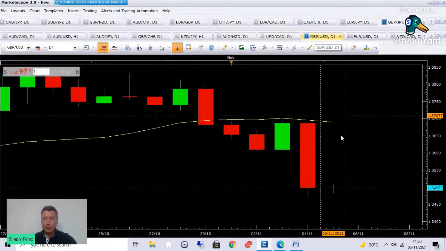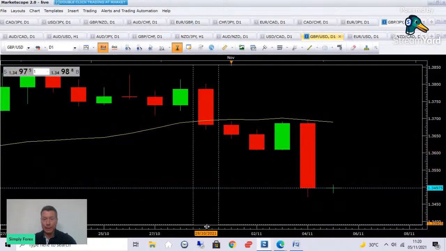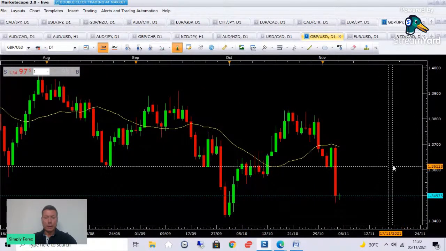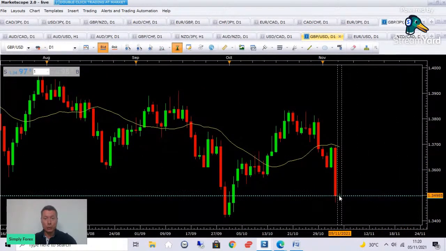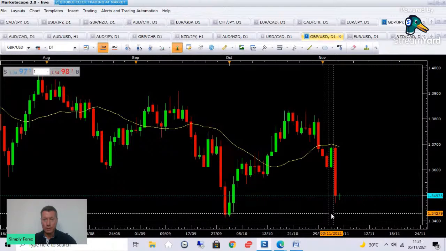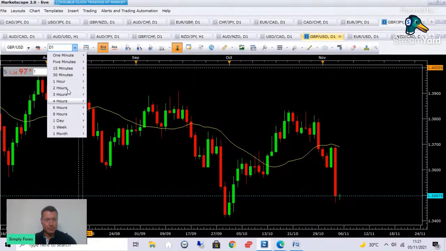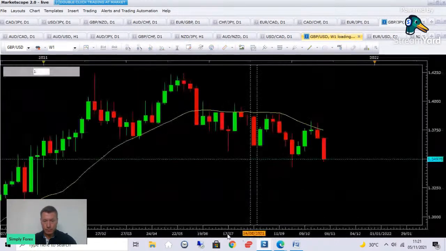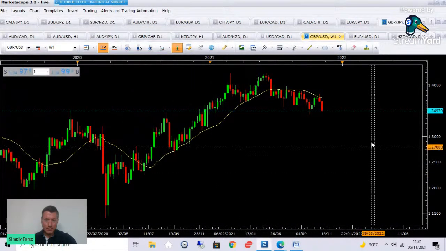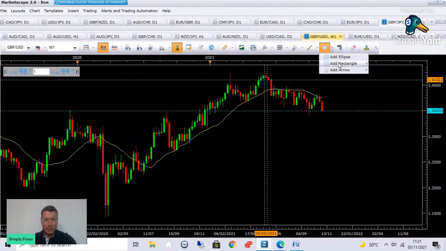Next one, pound against the US dollar. Again, we've got a large bearish candle. I think price could get back down to this low, 134.27. Let's have a look at the weekly chart. Looking at the weekly chart, I wouldn't like to short this trade.